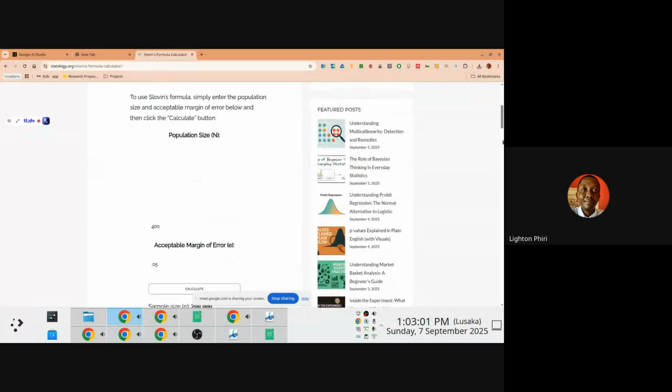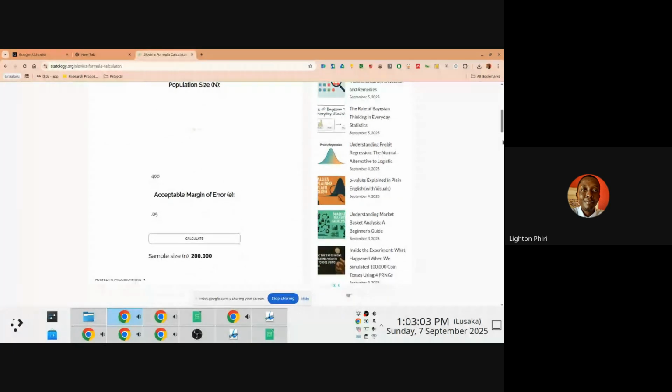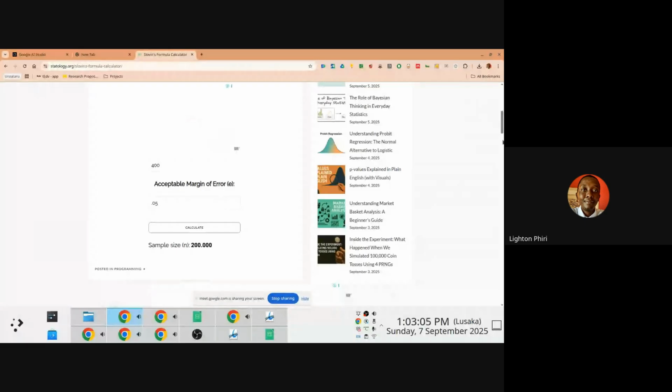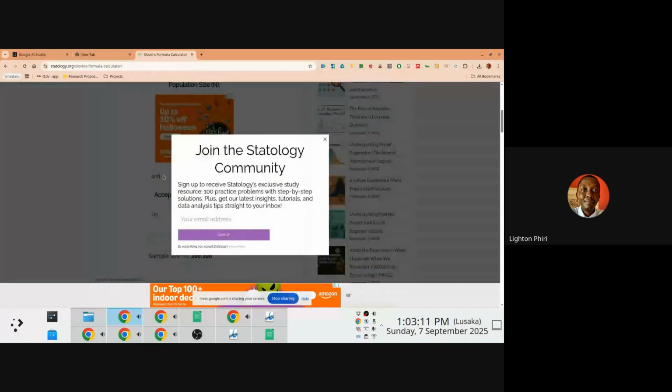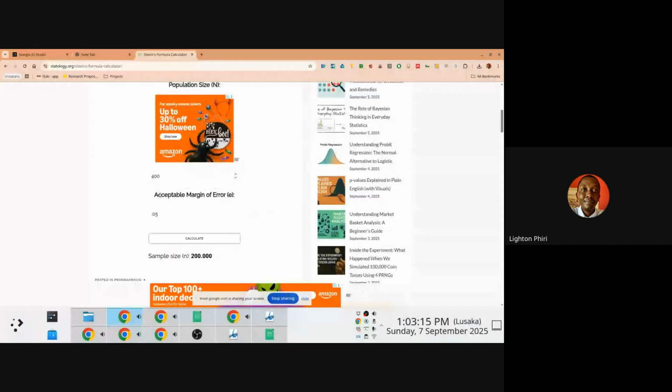If you notice here, say I want to figure out how many students I want to work with at the University of Zambia using Slovin's sample size formula. There are about 30,000 students at UNZA. The margin of error that I expect is just 0.05.